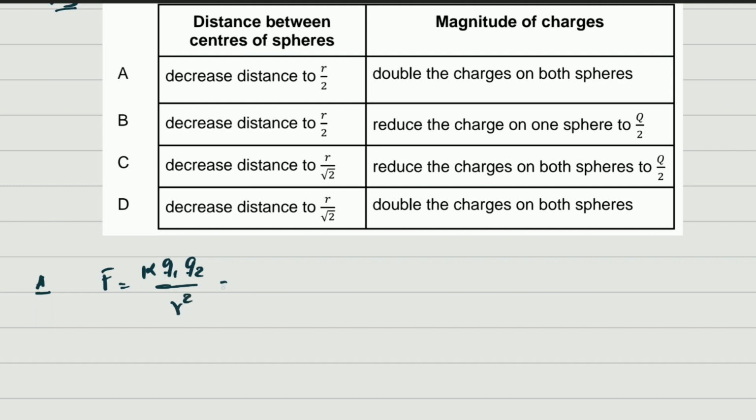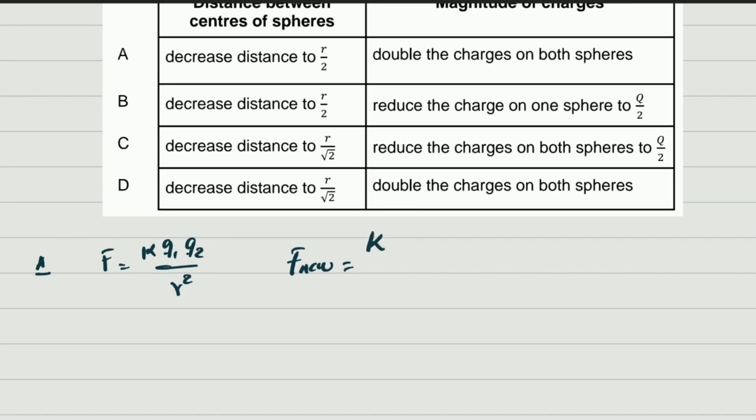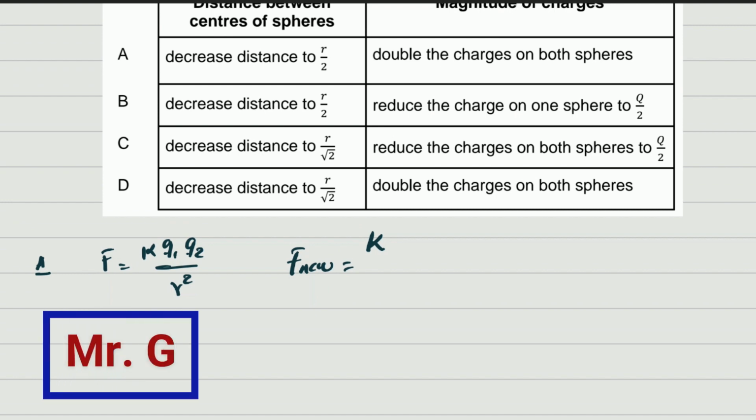And this one is going to be the new one, not this one, but the new one, after the change. So for the new one, under this specific condition, let's write new, F new is going to be equal to K. That one stays constant. But now they say here to double the charge in both spheres.